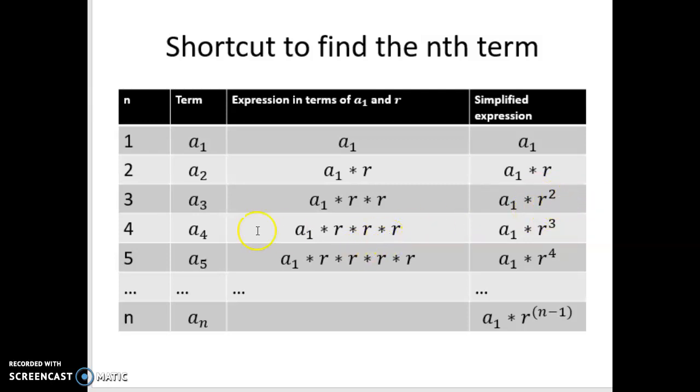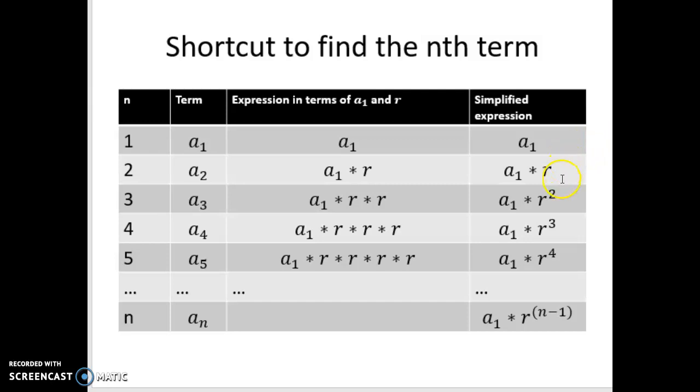If we continue for the fourth term, a sub 4, we've multiplied by r now 3 times. So that's a sub 1 times r to the third. Continuing with a sub 5, we've multiplied by r 4 times, a sub 1 times r to the 4th. And you might recognize the pattern here, kind of similar to the pattern that we saw for the arithmetic sequence.